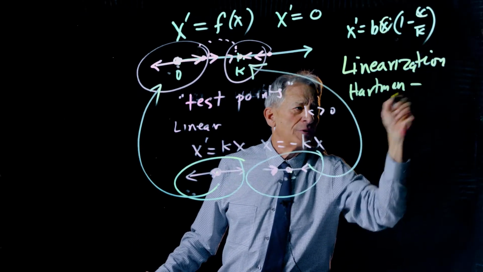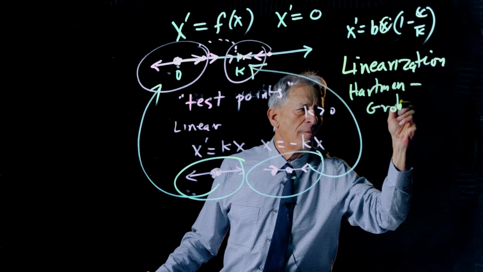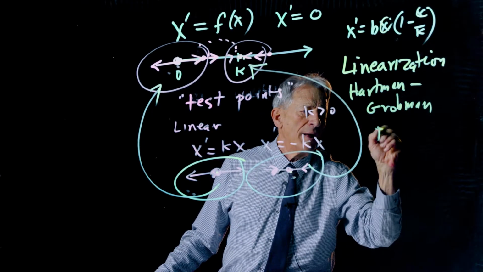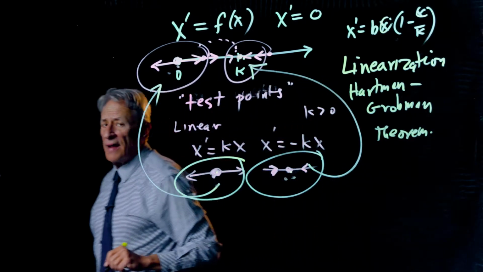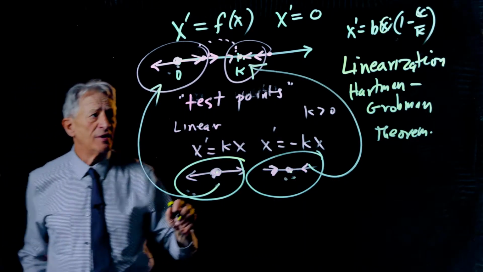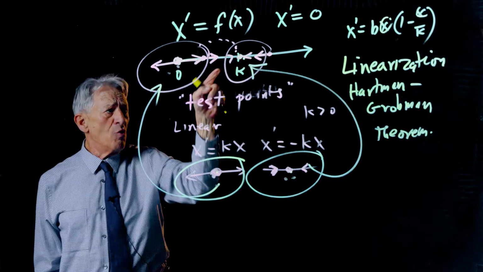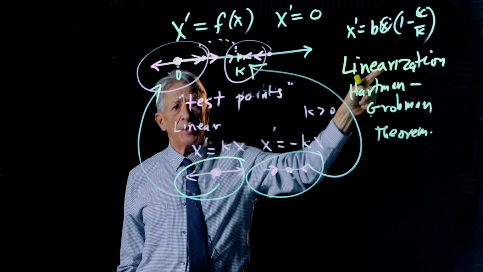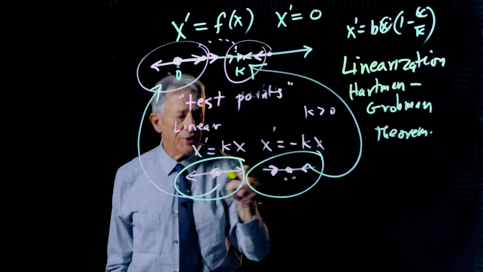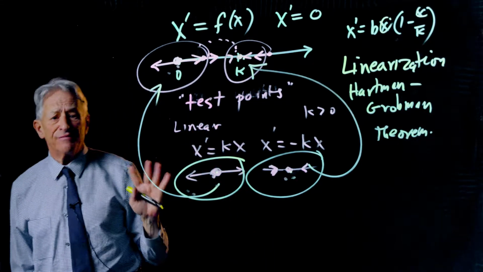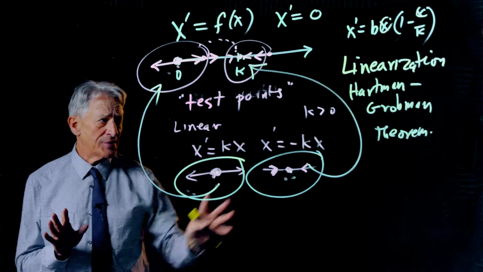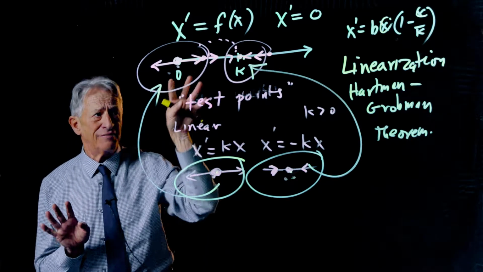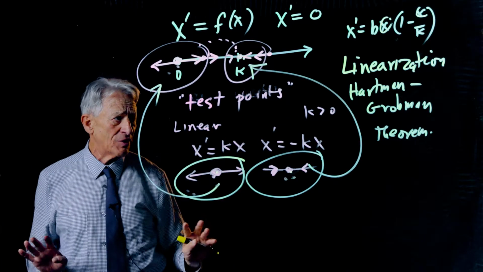It's called the Hartman-Grobman theorem. And the theorem tells us that the equilibrium points of a nonlinear equation are linear equilibrium points, or behave like linear equilibrium points. And that's a major line of insight into these nonlinear equations.